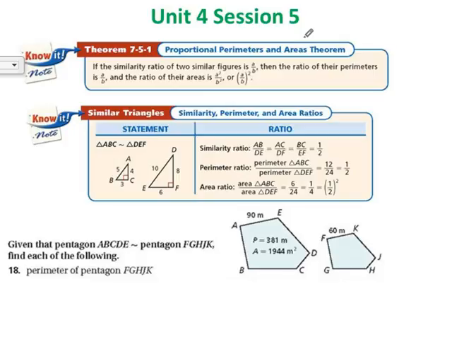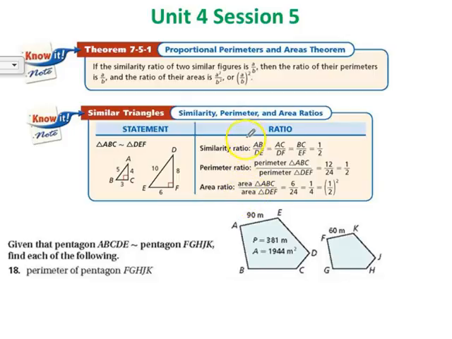If we've got two similar figures and the similarity ratio comparing those two figures is A over B, then the ratio of their perimeters is just going to be the perimeter of A over the perimeter of B. And the ratio of their areas is A squared over B squared. So you're going to square those ratios, and that's going to tell you the ratio of their areas. And we're going to put that to use, so you'll see that in a moment.